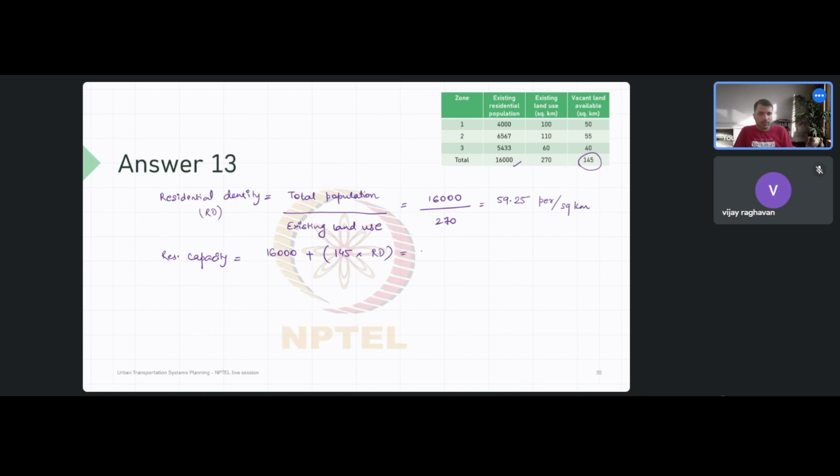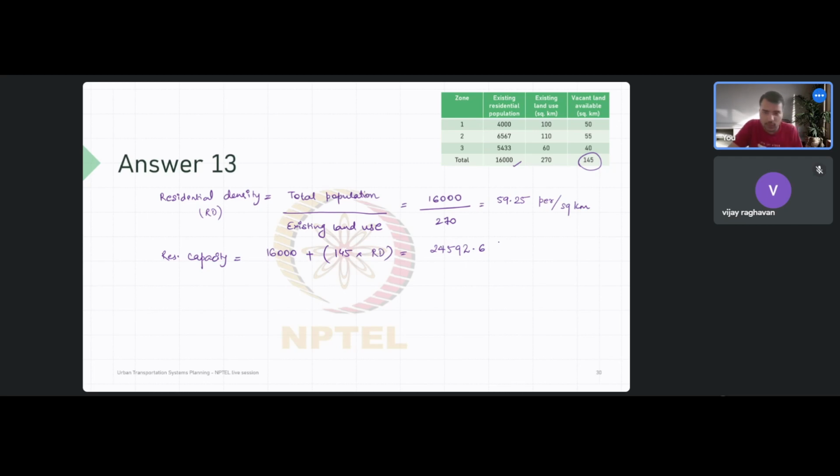So this will be 145 into 59.25 plus 16,000. This is coming as around 24592.6.